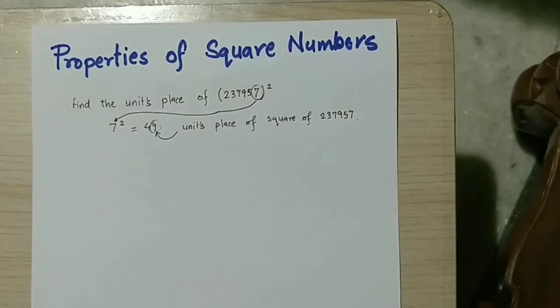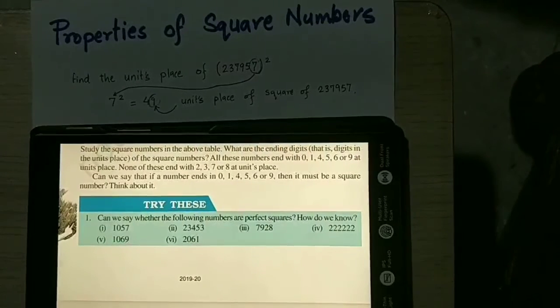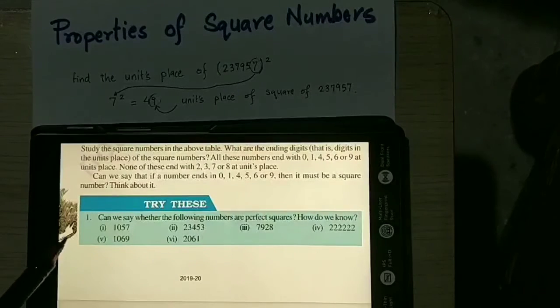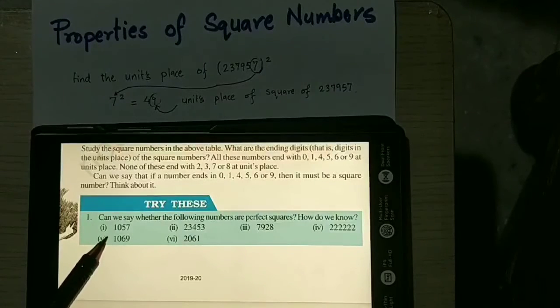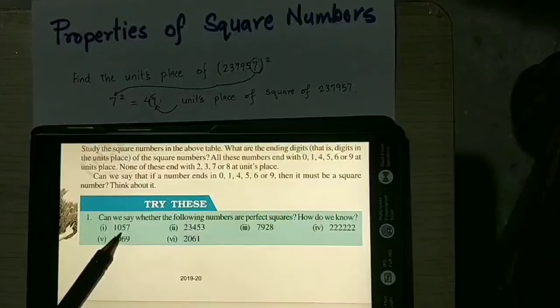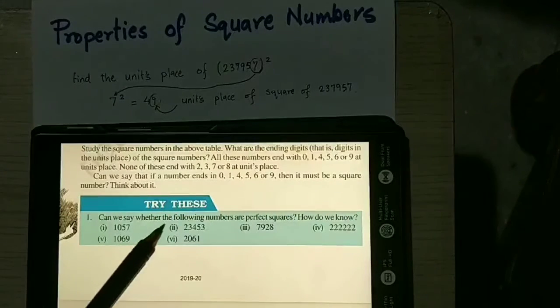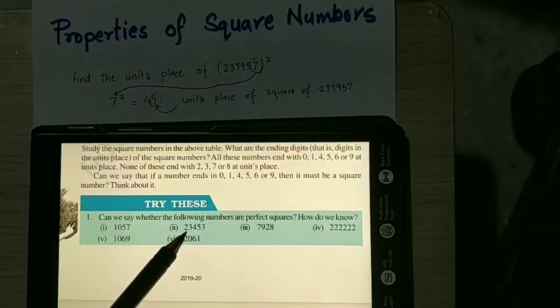So let's try some numbers. Here the question is, can we say whether the following numbers are perfect squares? How do we know? In this number we have 7 at the units place, so it can't be a perfect square. Again, here 3 is the units place and this is not a perfect square.